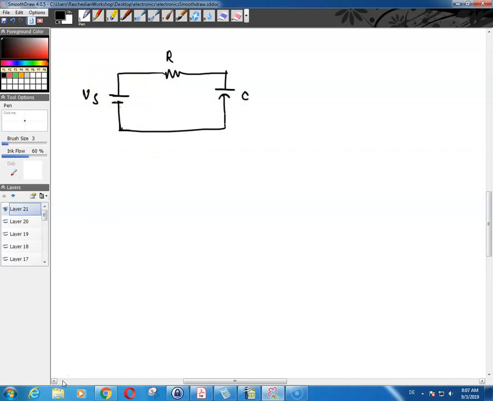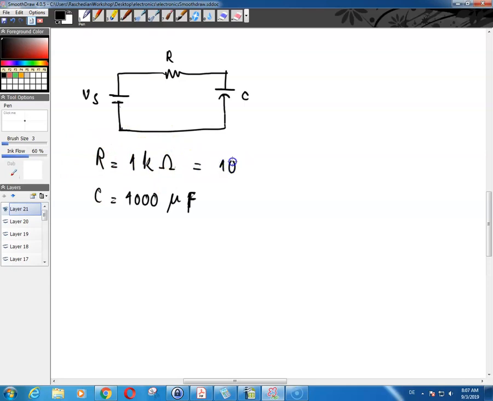Okay, so suppose that, for example, the resistor is 1 kilo ohm, and the capacitor is 1000 microfarad. C is equal to 1000 microfarad. So of course you know that you need to convert this into ohms.